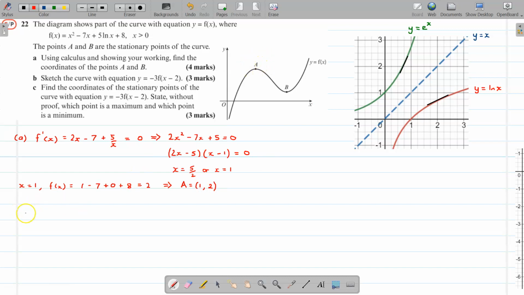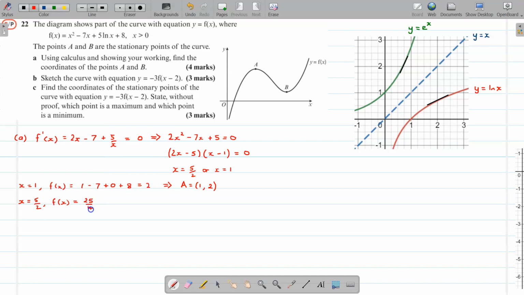Now, what about point B? Well, let's just work that out. So when x equals 5 over 2, f of x, rather, not f dashed of x, the original function, well, it's going to be 5 over 2 squared, which is 25 over 4.